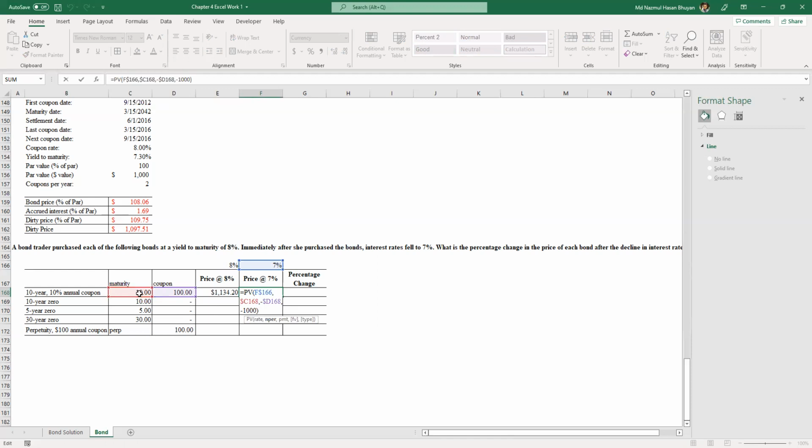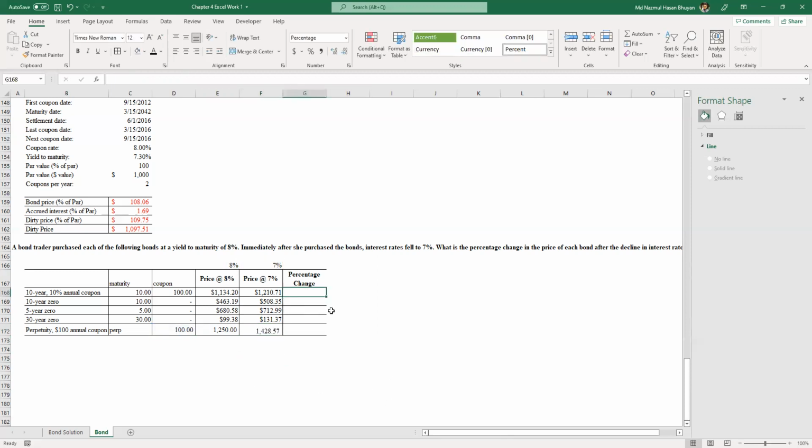And for the perpetuity, the formula should be annual coupon divided by the market interest rate.